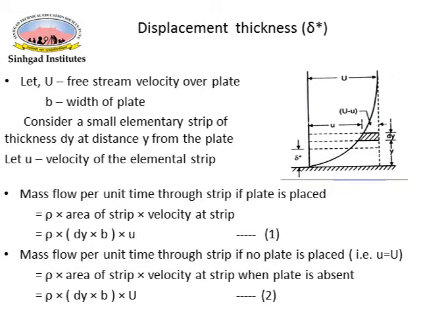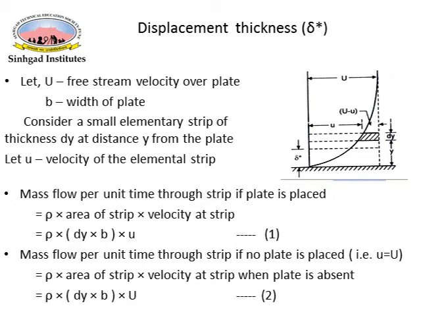Therefore, mass flow per unit time through the strip if no plate is placed, u equal to U, is rho into area of the strip into velocity at strip when the plate is absent, which is equal to rho into dy into b into U.